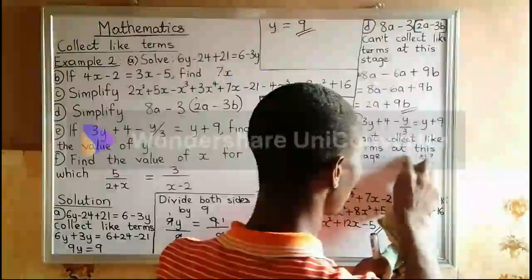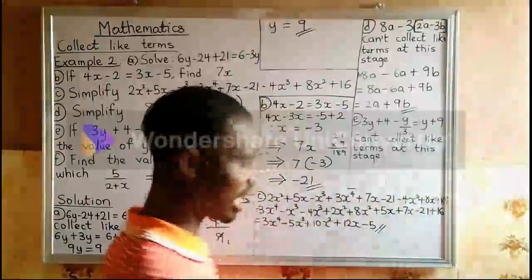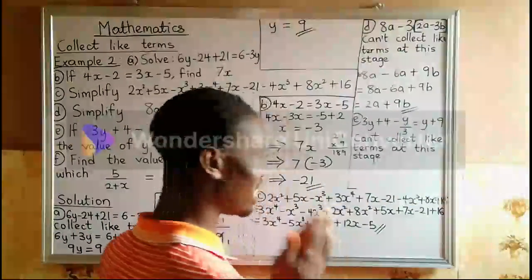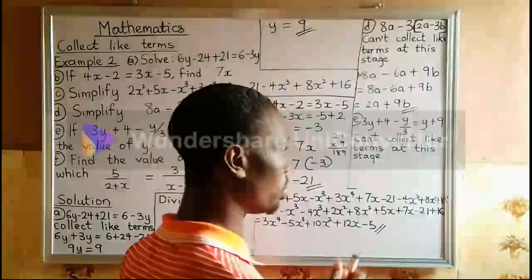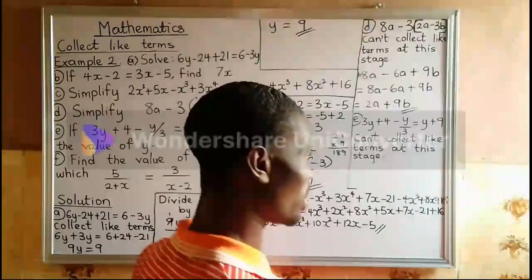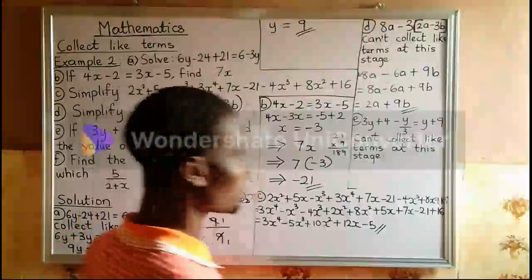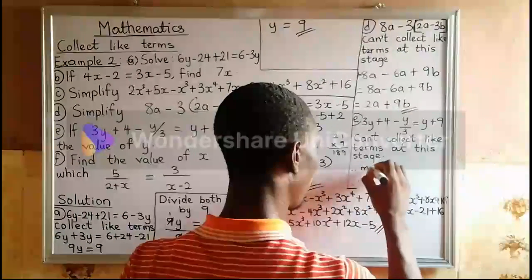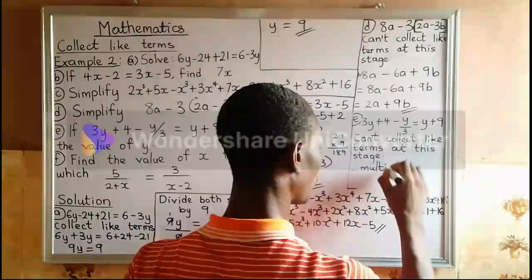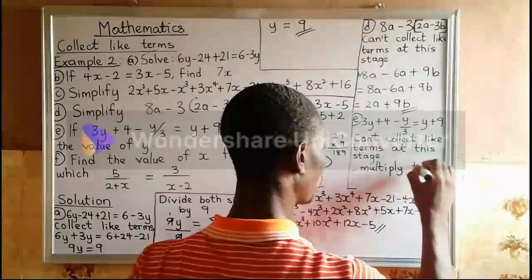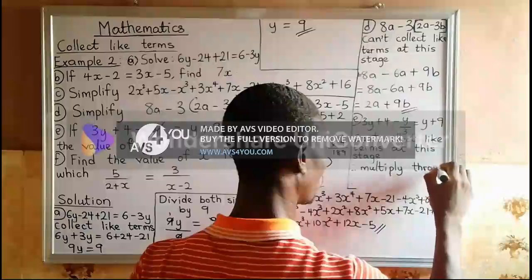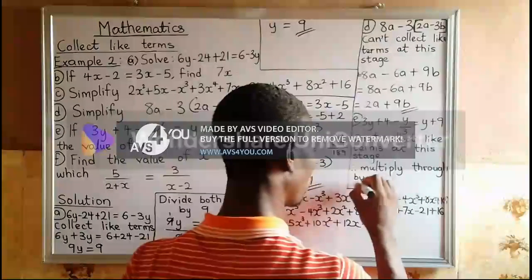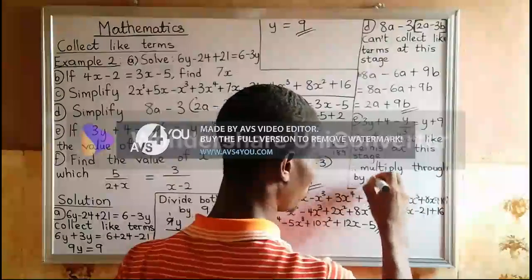So since we can't collect like terms at this stage, we'll multiply. The right thing to do is to multiply through by the LCM of the existing denominators. So luckily here there is just one. The LCM of 3 is 3. So you multiply through by the LCM of 3, which is 3.